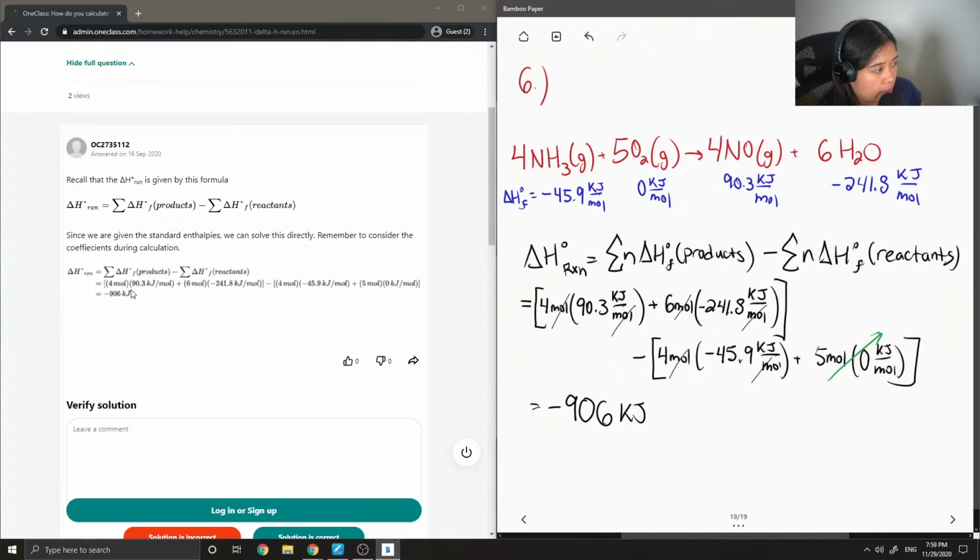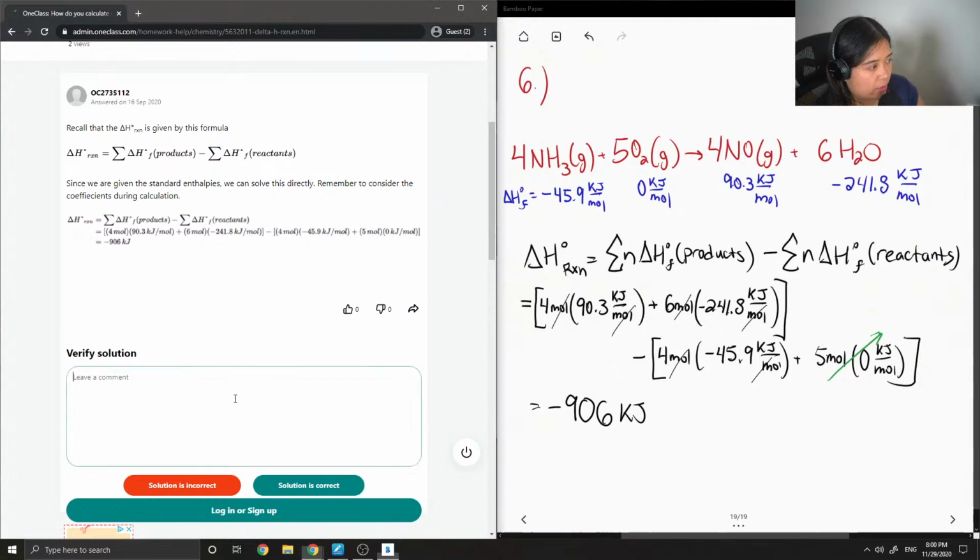So they had 4 times 90.3 plus 6 times negative 241.8, all of that minus 4 times negative 45.9 plus 5 times 0, and they also got negative 906. So this solution is correct.